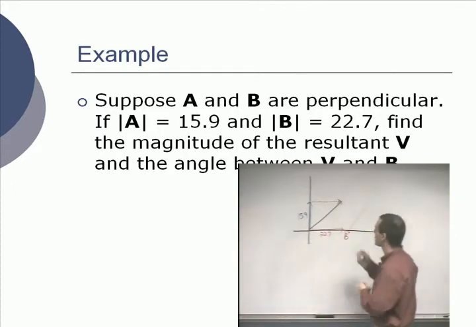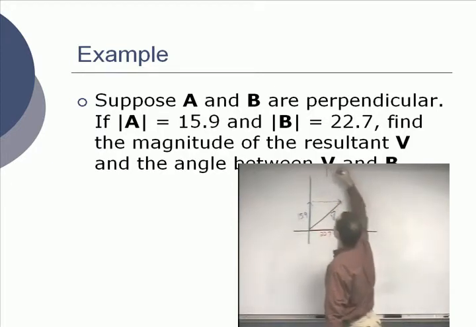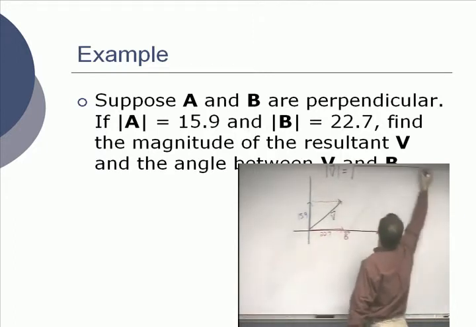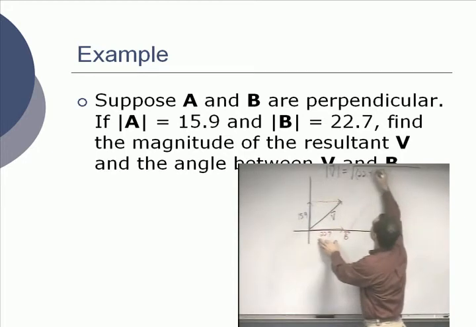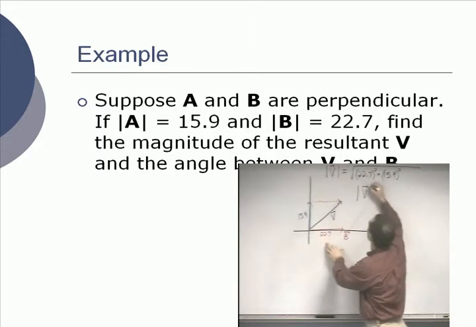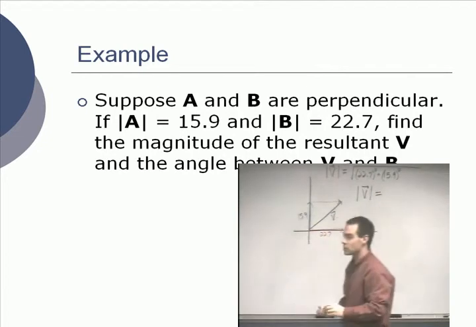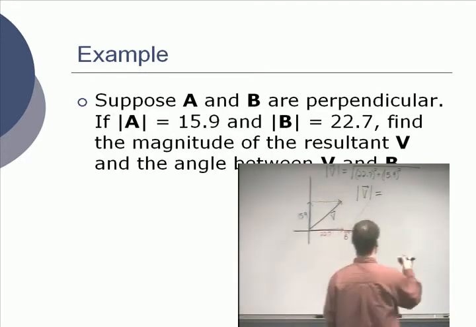Now the magnitude of V is going to be the square root of 22.7 squared plus 15.9 squared. And the magnitude of our vector turns out to be, okay, 27.7 is our magnitude.